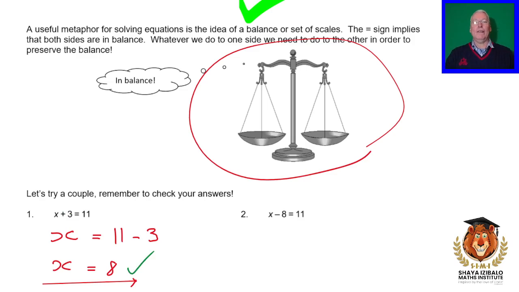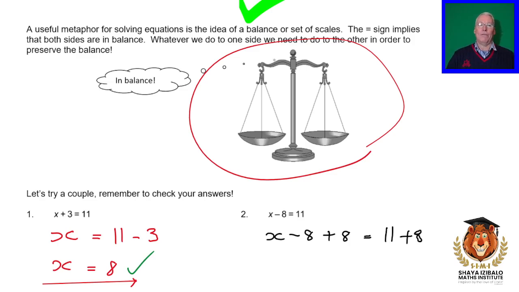Now let's look at this next one. This time, we've got x subtract 8 equals 11. How can we undo subtracting 8? We can add 8. I'm actually going to write it in this time, I don't normally do this. What I've done is added 8 to the left-hand side, so I must add 8 to the right-hand side.